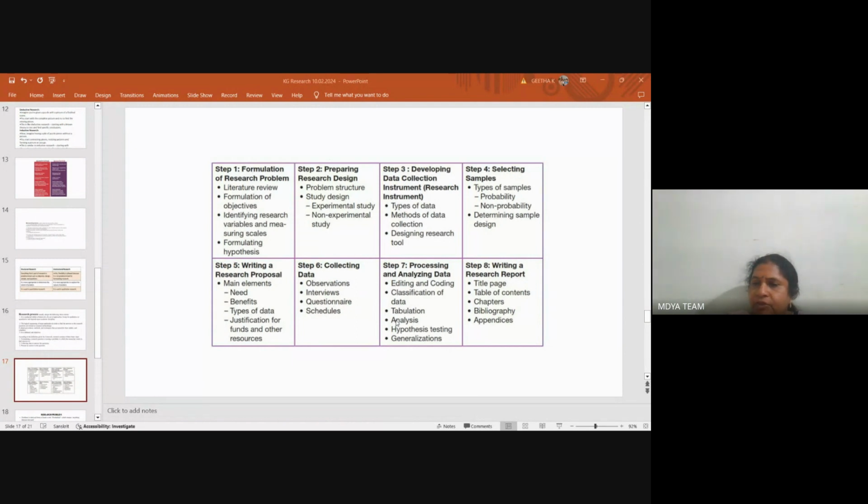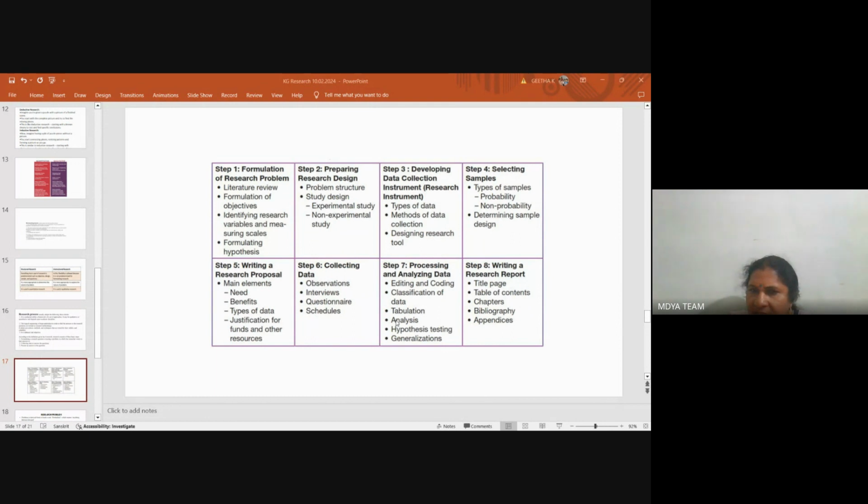For real research, you will be collecting the data. After collecting the data, naturally our duty is to analyze the data. You will put in all the statistical calculation and then tabulation, graphical methods.